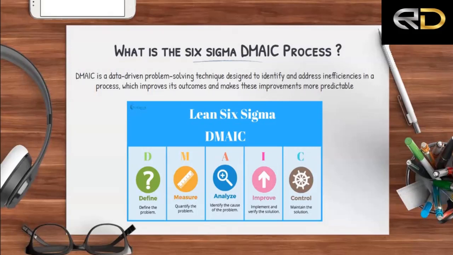Well, you basically have to do 5 things. You have to define the problem, you quantify the problem, you identify the cause of the problem, you implement and verify the solution, and you maintain that solution. This is called the DMAIC methodology. And ladies and gentlemen, this is what you use to identify and address any inefficiencies in a process.